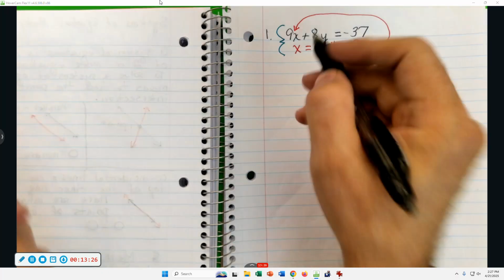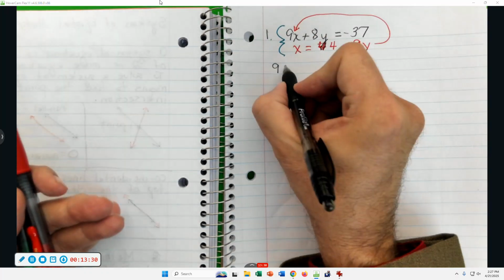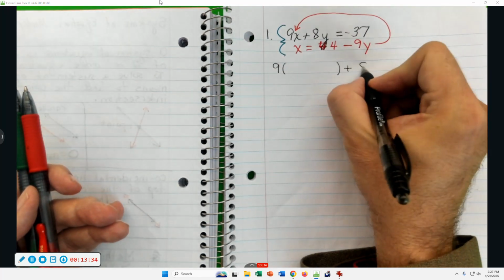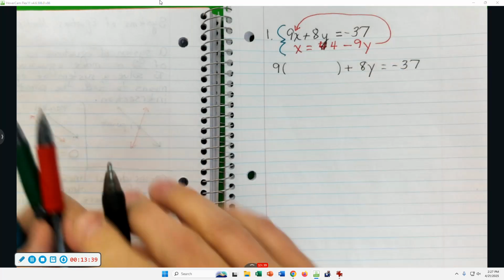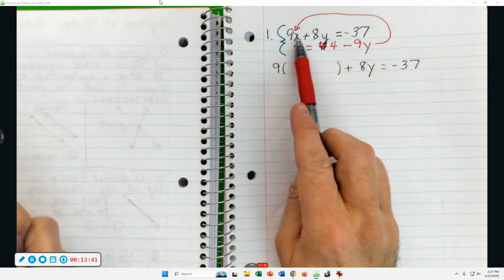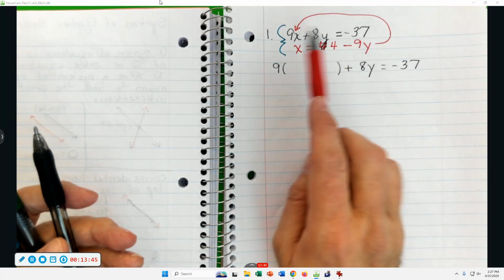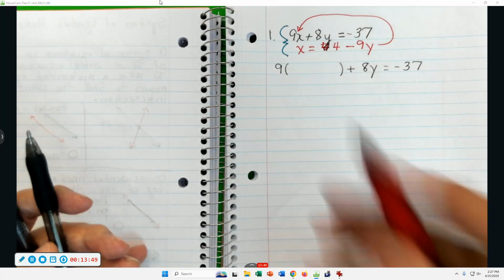Instead of two equations with two variables, we want one equation with just one variable. So I'm going to take this x, and in place of that x, I'm going to put 4 minus 9y.